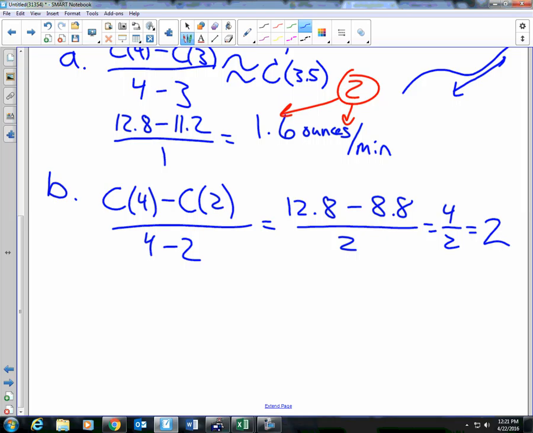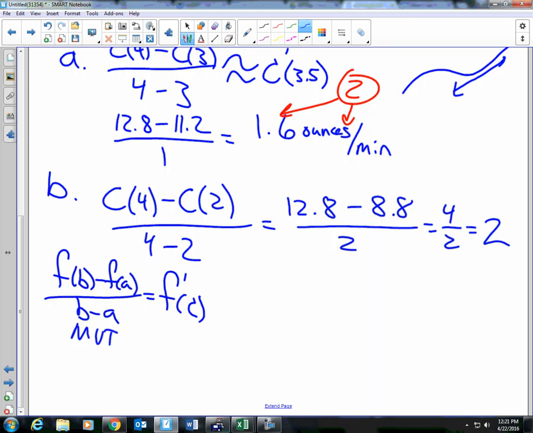You remember something that we learned first semester that talked about this? f of b minus f of a over b minus a is equal to f prime of c for some c between a and b. Remember what that was called? The mean value theorem.